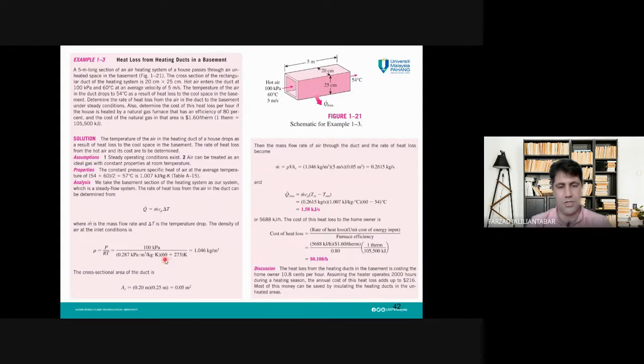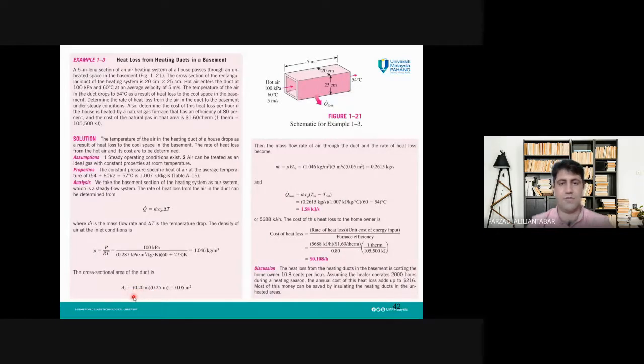And also notice here the temperature should be converted to Kelvin: 60 plus 273. So we have density. If we have density, then we can go for calculation of the mass flow rate. But before that, we need to calculate the cross-section area, or A_c, the area which is normal to the direction of the fluid flow, which means this area actually, which is equal to 0.2 times 0.25 meter.